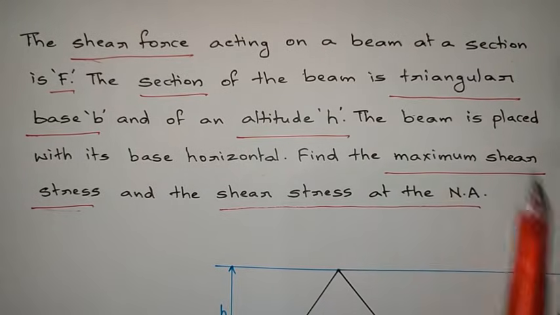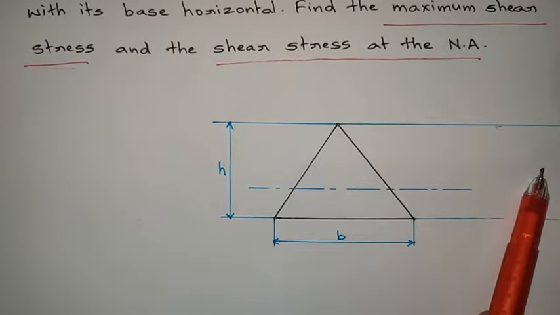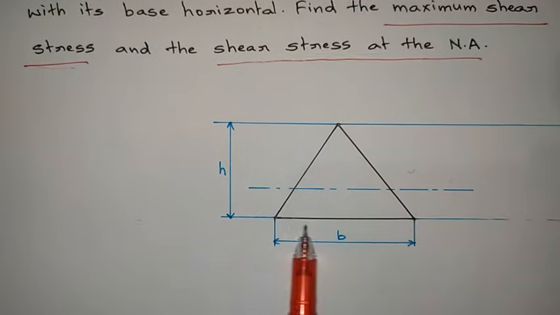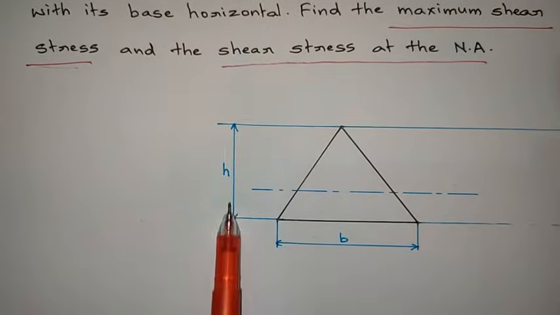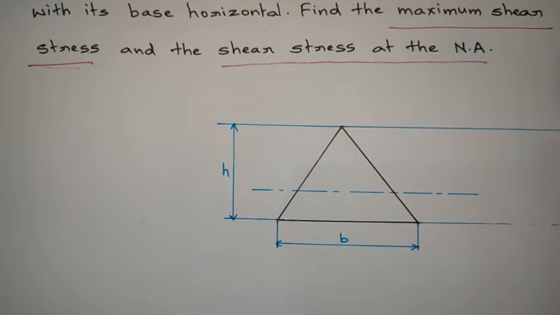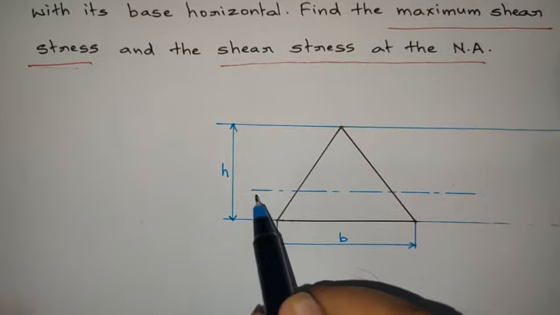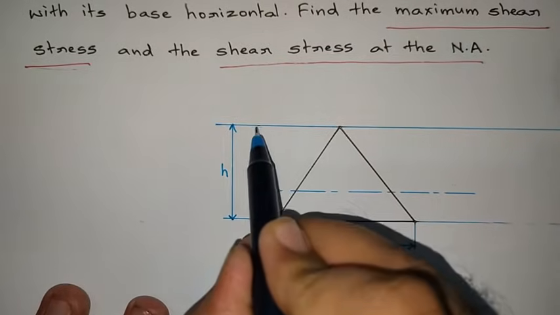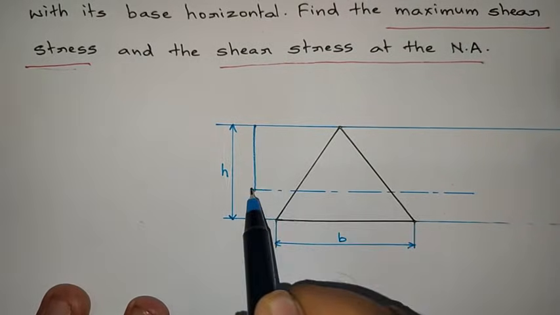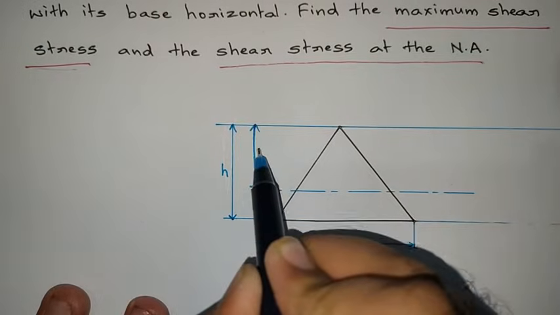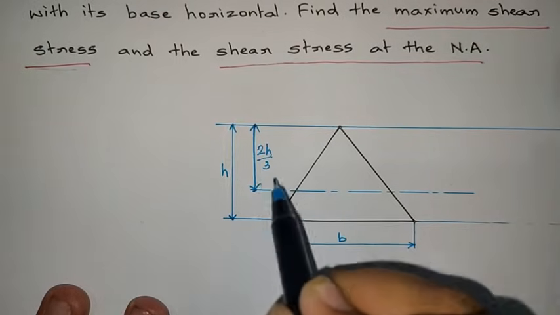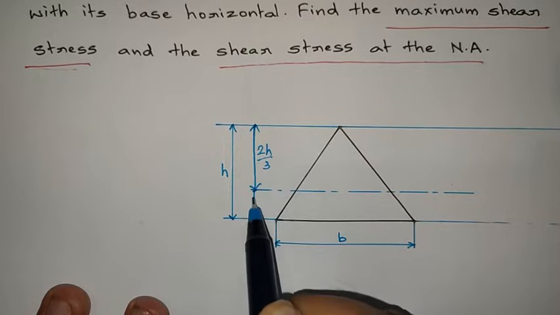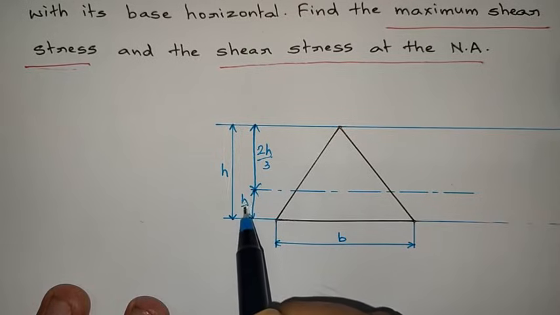So here a triangle is given. So I have drawn a triangular section of base B and altitude H. So for a triangle, where the centroid lies, triangle ki centroid ekkada untundi, it is at a distance of 2h by 3 from the apex or h by 3 from the base.